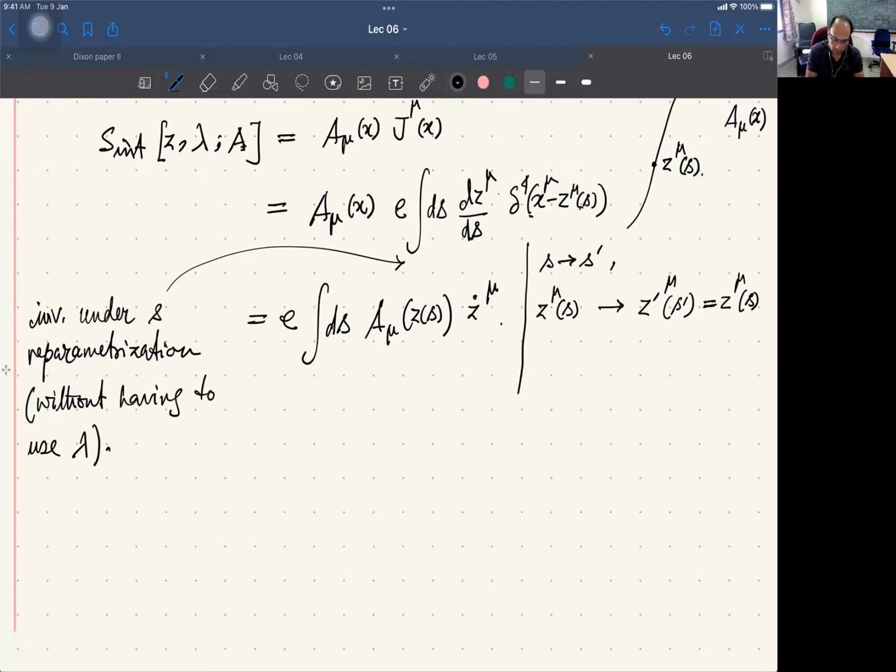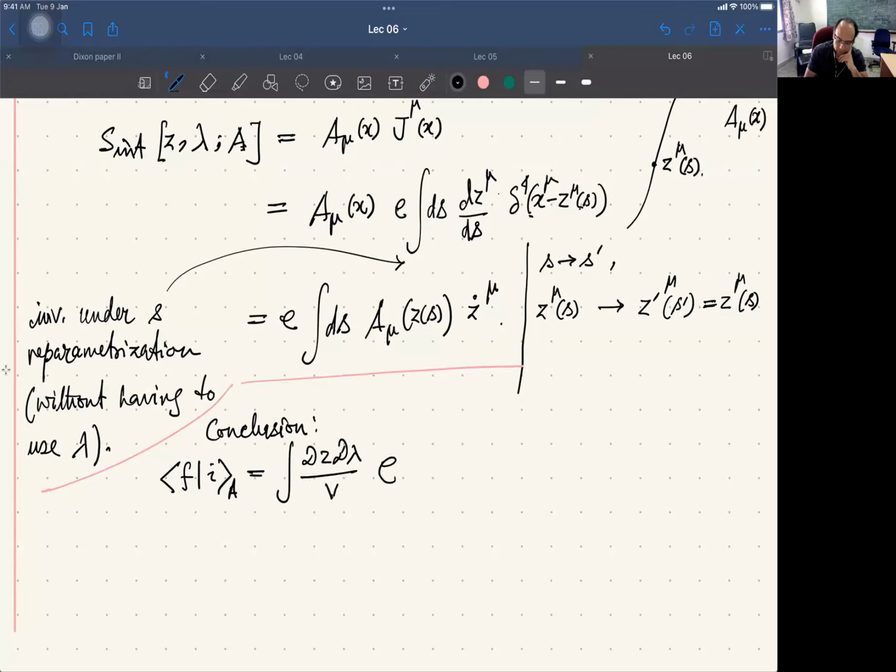Okay, so the conclusion, let me try to write it here, is that the matrix element ⟨f|i⟩ in the presence of A is given by the integral Dz Dλ over V, e^{(i/ħ) S_worldline[z,λ]}, the one that we had earlier, times e^{(ie/ħ) ∫ds A_μ(z(s)) ż^μ}.